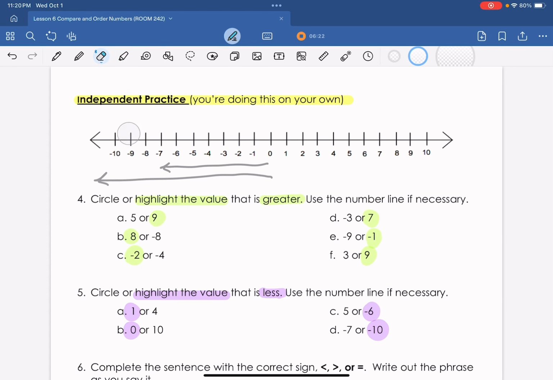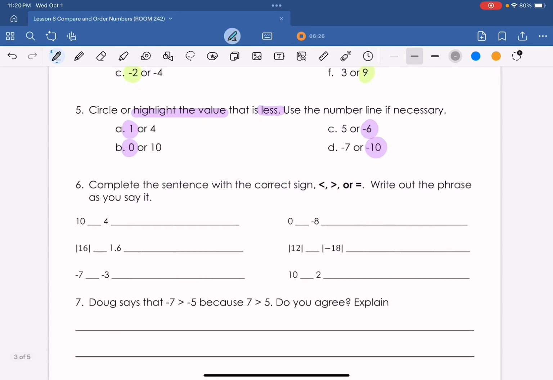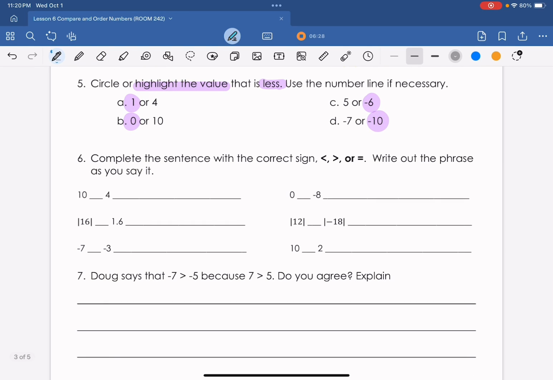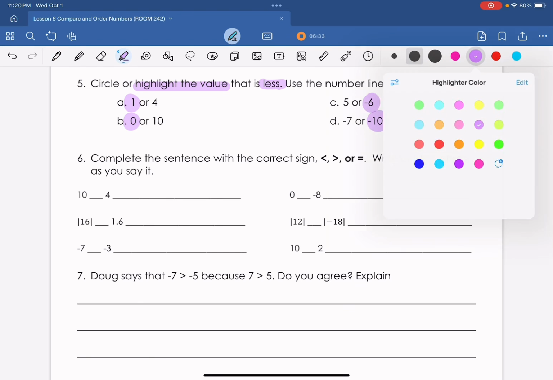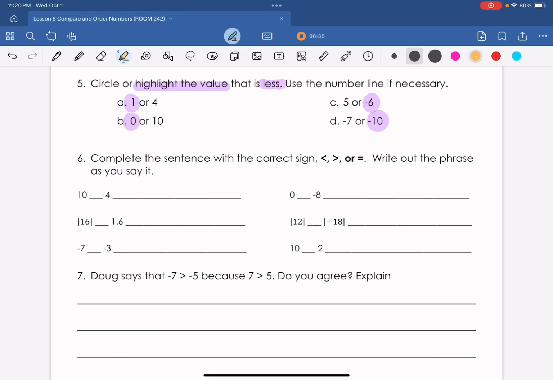All right. So for these ones, you needed to complete the sentence using less than, greater than, or equal to. But then it also says to write out the phrase as I would say it.